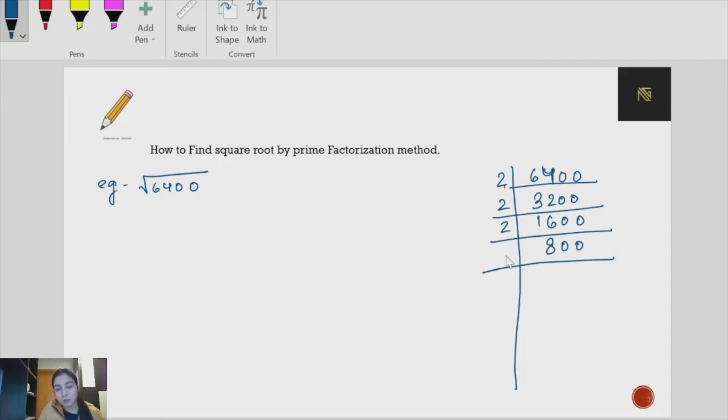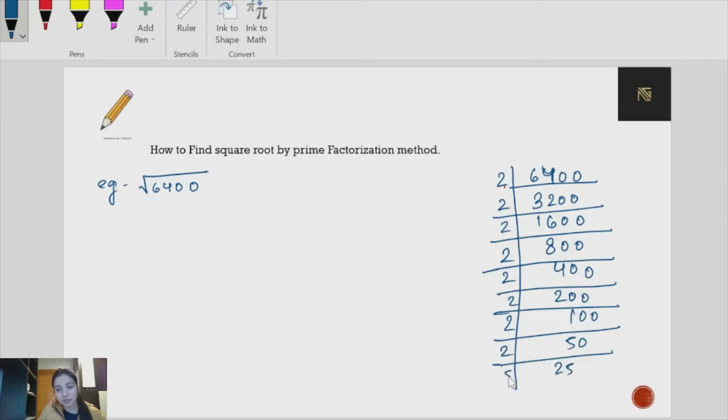Factorizing by using just prime numbers. 2 times 400, here we will get 100, then 50, then 2 times 25, then 5 times 5 and 5, at 1 you can stop.